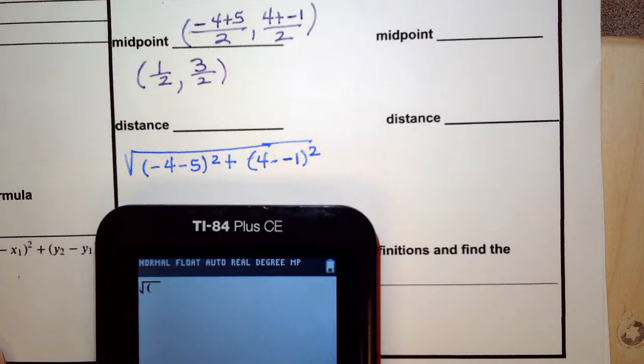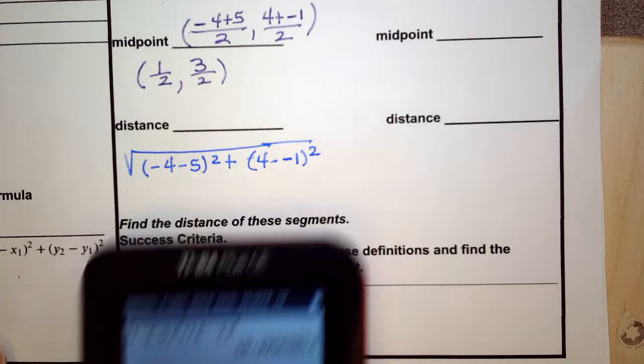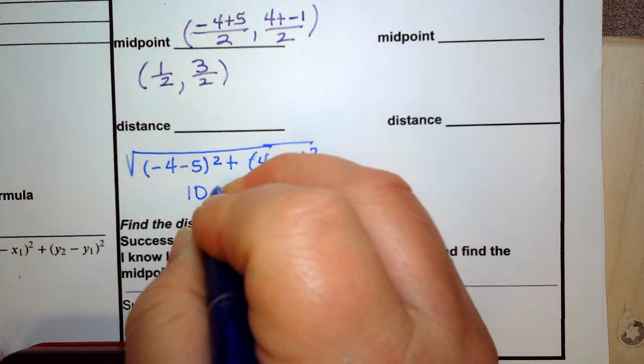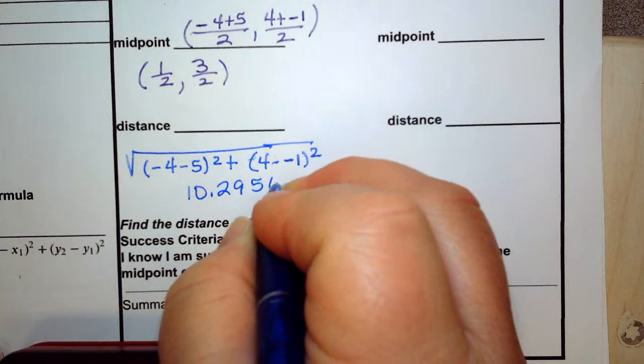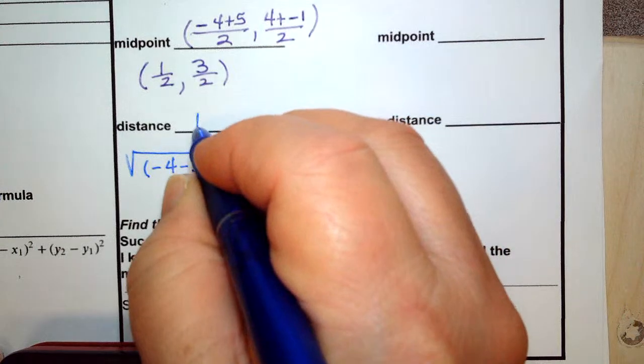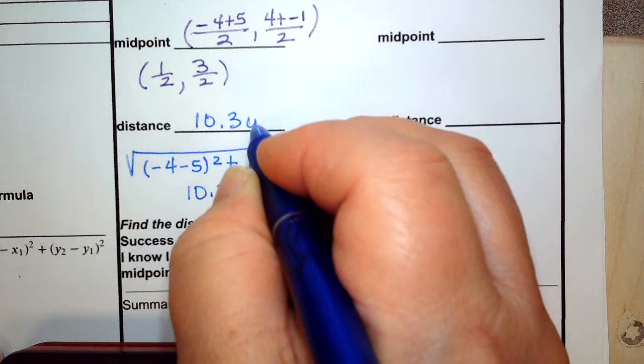Remember your parentheses. Make sure you've done it right. Take that quick check. If you put a minus instead of a negative sign, you'll get a syntax error. 10.2956, and you end up with approximately 10.3 units.